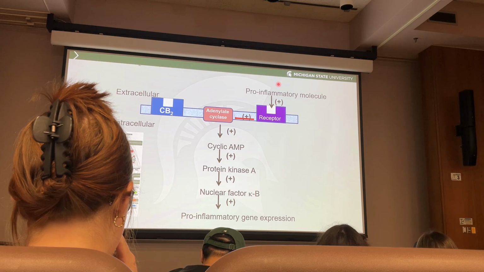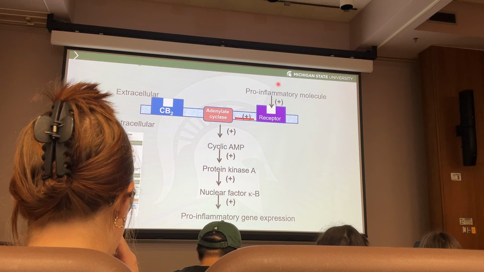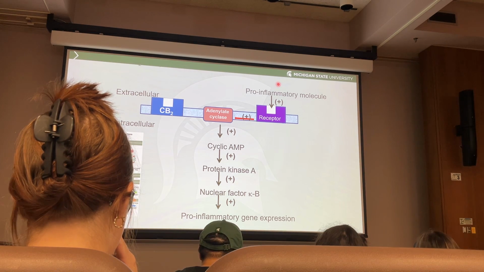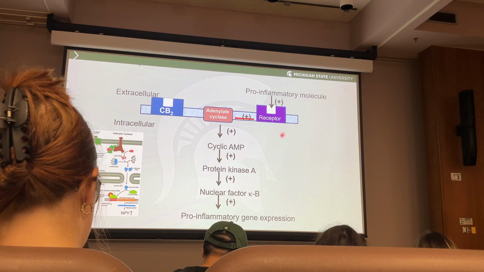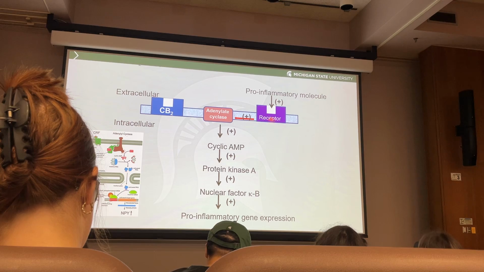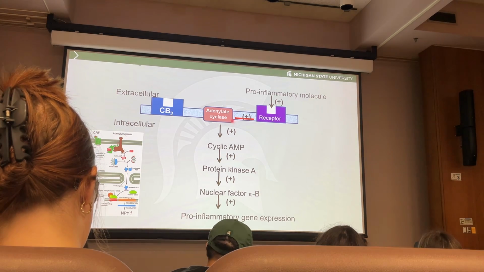Looking at a very general, hypothetical situation, in a normally functioning immune response, when a pro-inflammatory cascade is activated, a pro-inflammatory molecule binds to a receptor that can then activate adenylate cyclase.